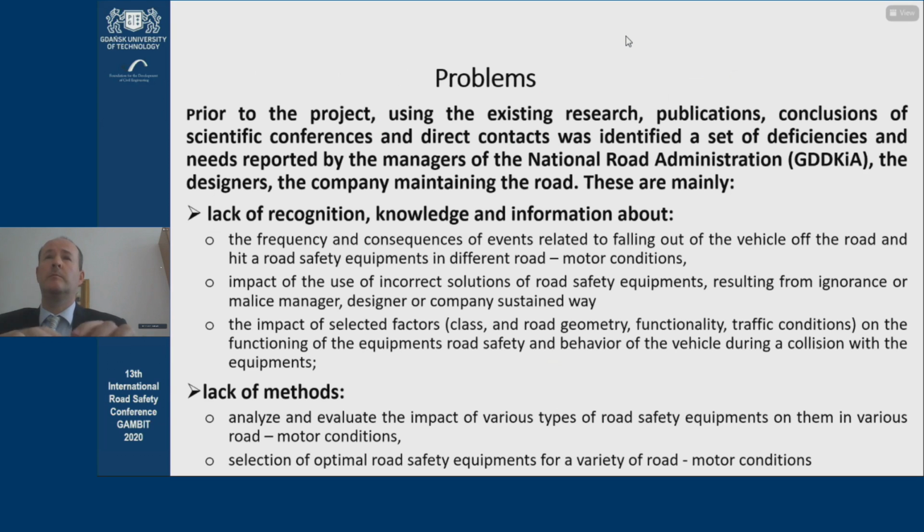When we originally started doing the research under those two projects that were dedicated to road barriers, we found that there was a need for some tools for designers and also people who maintain safety infrastructure.